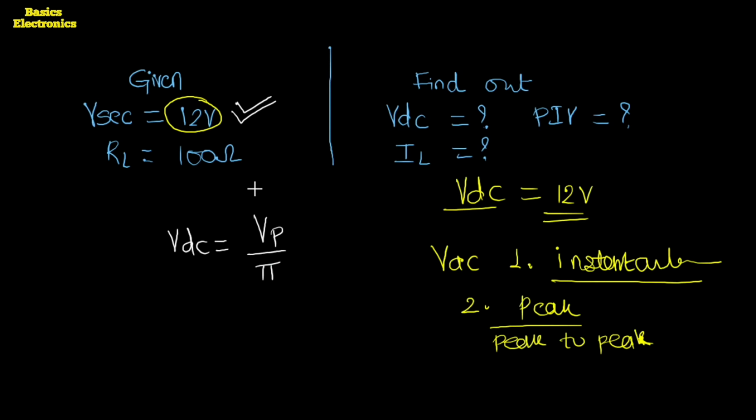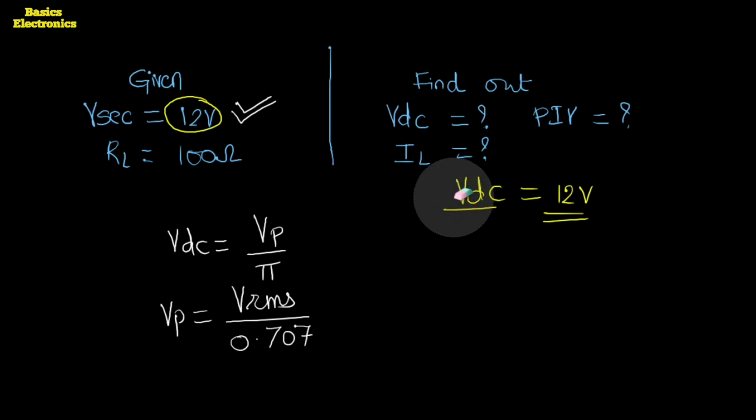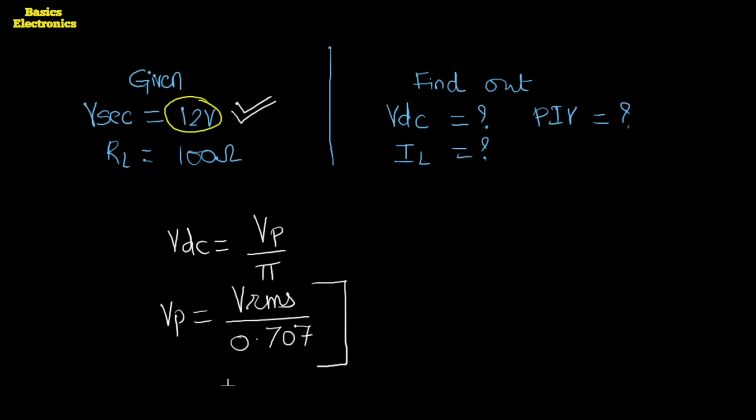So this peak voltage we have to find out, and the formula for this peak voltage is Vp equals Vrms upon 0.707.